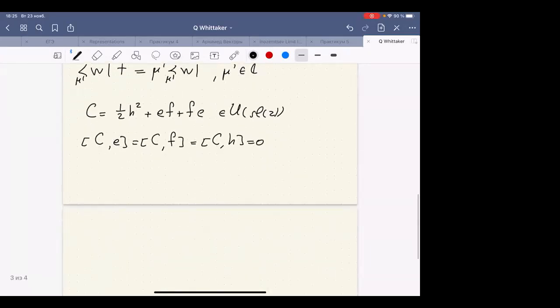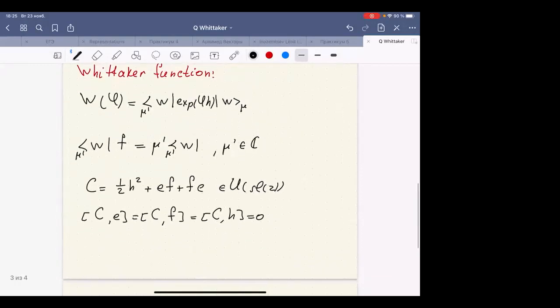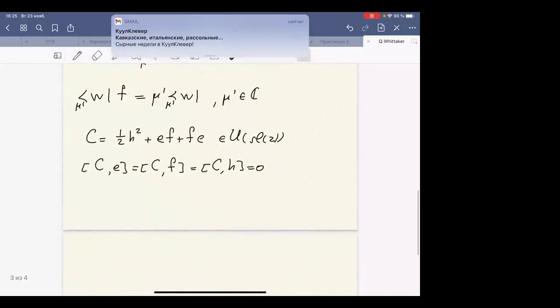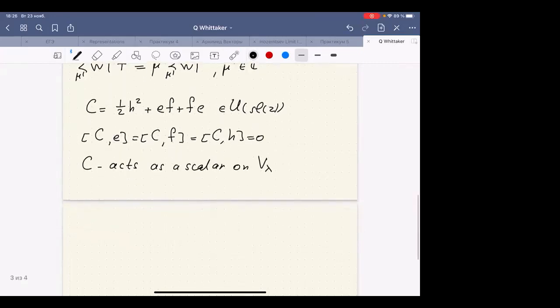Thus, in an irreducible representation, such as a Verma module, for almost all lambdas, it acts as a scalar. And C acts as a scalar on V lambda. And we can simply compute it.